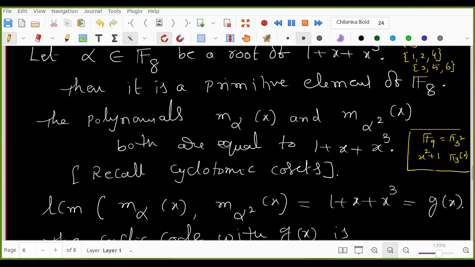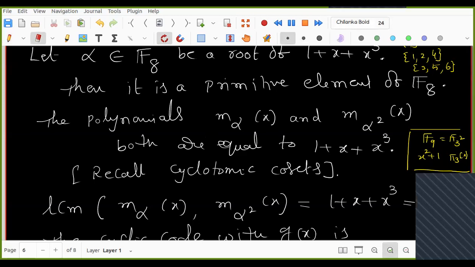Now, what is the root of this one? So let us say alpha is a root. Is it a primitive element? No, sir. Okay, be careful, try to understand that.